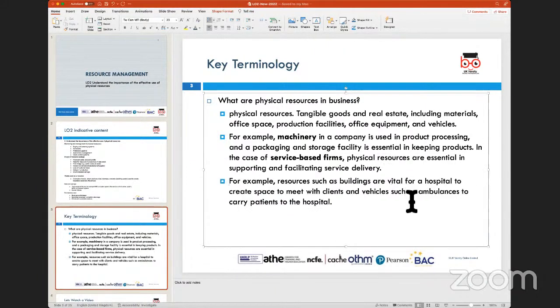They are important because in order for us to get work done, we are using resources. To give you an example here, we are doing a session today and I'm using some physical resources. Although we are not face to face, you are in different locations across the world, we are using technology as a resource.